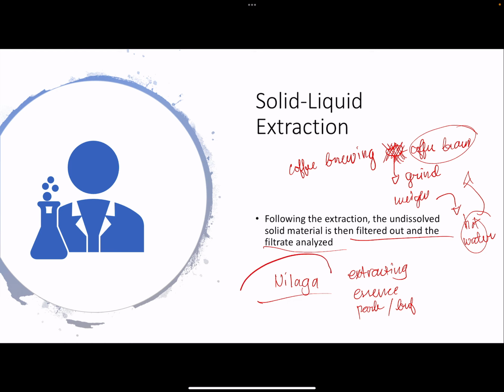Diba? That's nilaga. That is solid liquid extraction. But again, in the laboratory setting, no, solid liquid extraction is very common in research. Especially for plant-based research.